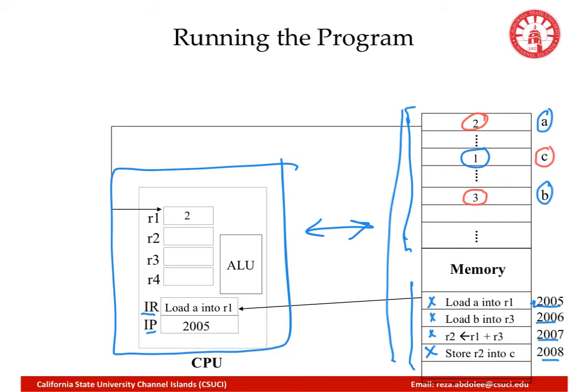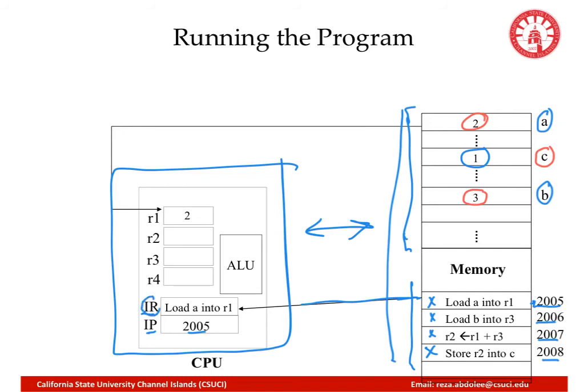So basically, to start, the instruction pointer points to the location of the instruction to be fetched. So IP, the instruction pointer, now points to 2005. Therefore, the CPU goes in here and fetches that instruction into the instruction register.